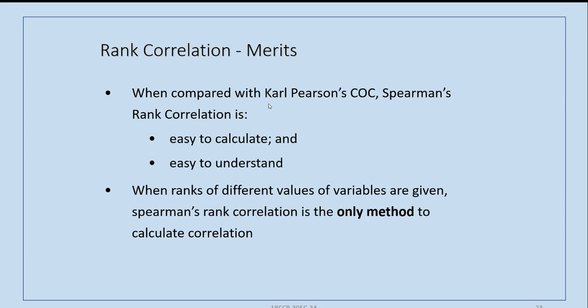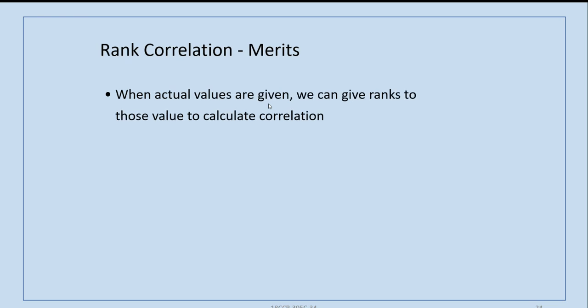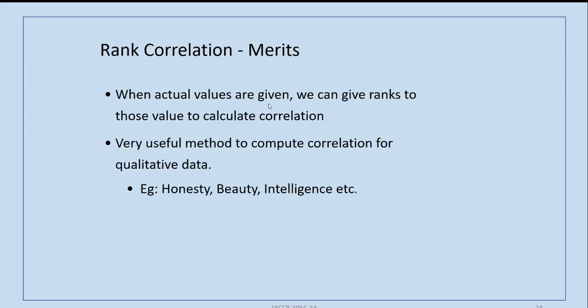When ranks of different values of variables are given, Spearman's rank correlation is the only method to calculate correlation. Ranks are given, only Spearman rank correlation is used. When variables are given, then we can use Karl Pearson. So when actual values are given, we can give ranks to those values to calculate correlation.